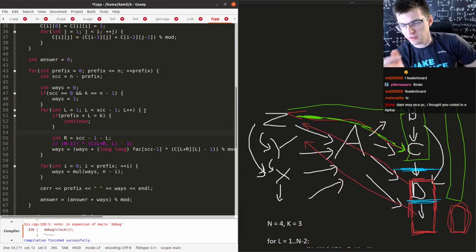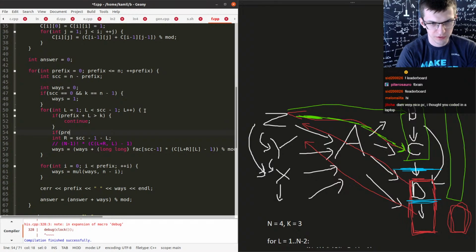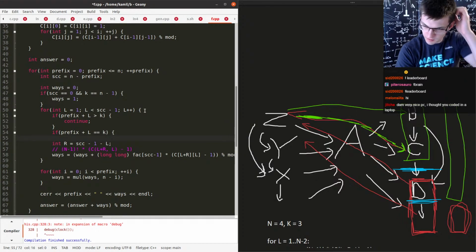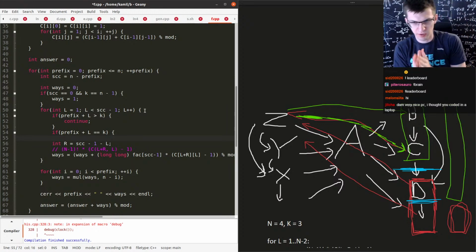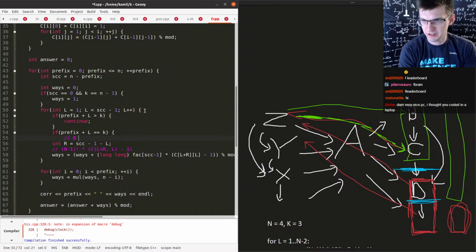What about B? B can have bigger by 1 input degree. So if prefix plus L is equal to k, then A is just barely making the cut, but then B on the drawing must be in at least one red.